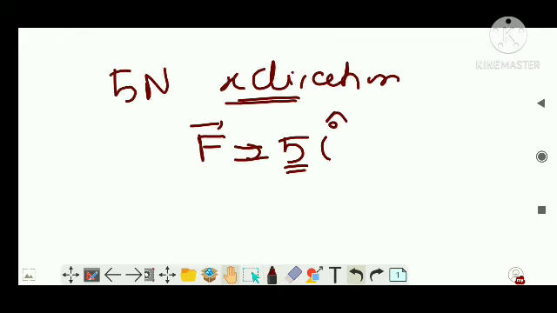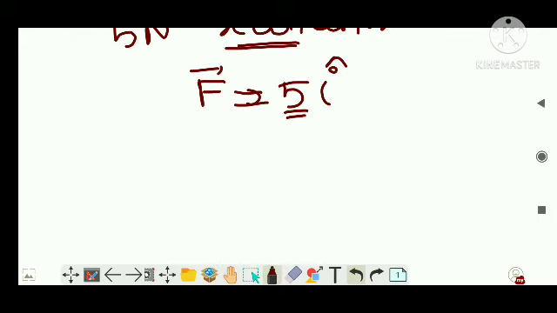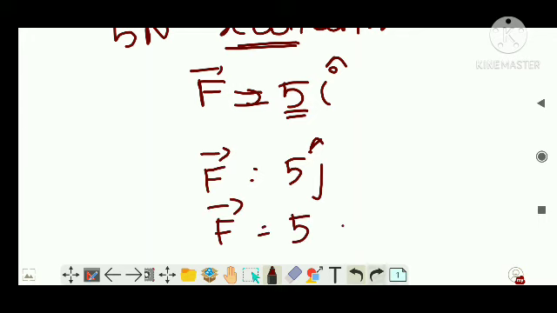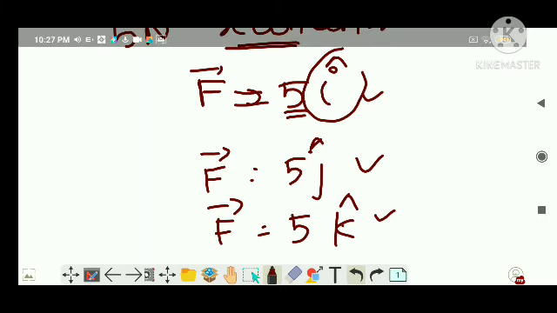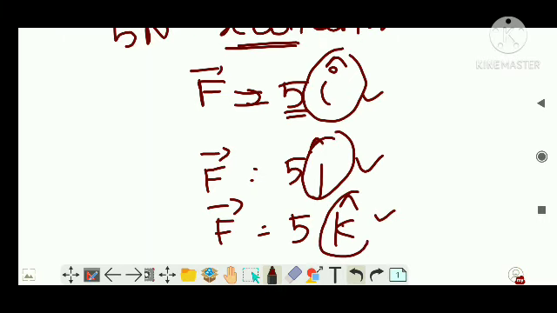Similarly, if the 5 Newton is in y direction, force is equal to 5 j cap. In z direction, force will be 5 k cap. So by using i, j and k, I can understand in which direction it is acting. If there is a j value in a vector equation, that means it is the y coordinate, and vice versa.